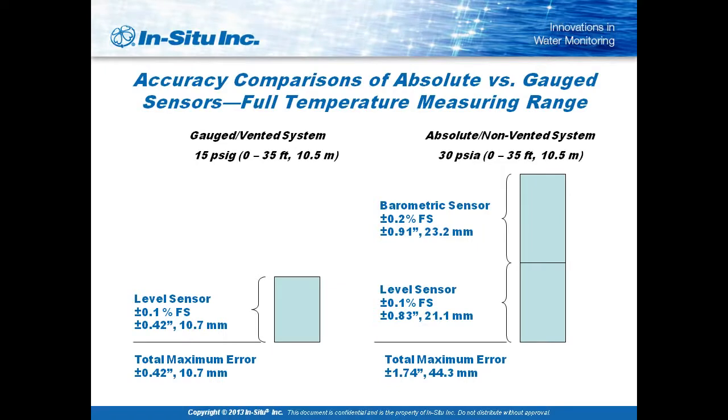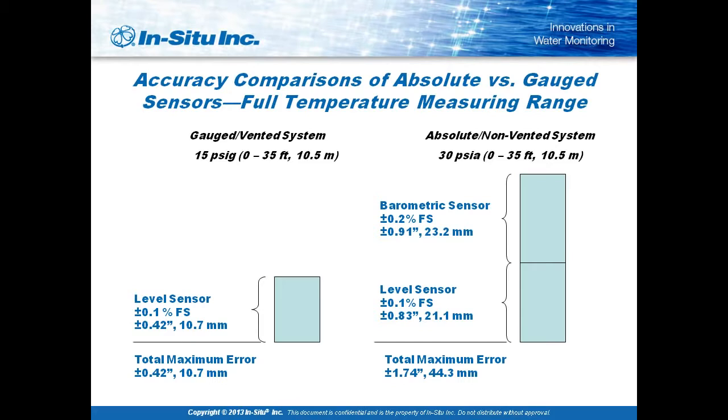Here's an illustration that I like to use that really brings the whole thing together. On the left you see a PSIG sensor, and it's got a 0.1% full scale, so you're looking at basically a maximum error of plus or minus 0.42 inch. If you're looking at the identical range on an absolute sensor, you have to realize that an absolute sensor also has to accommodate barometric pressure change.